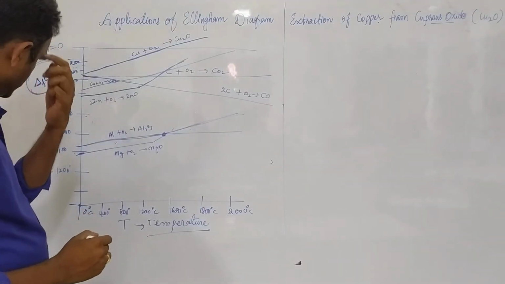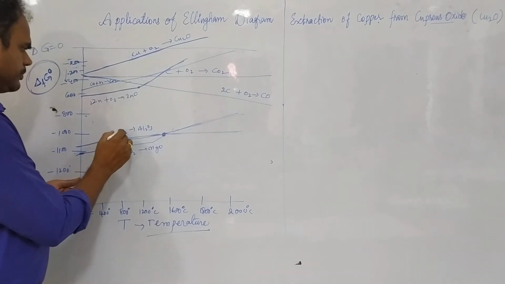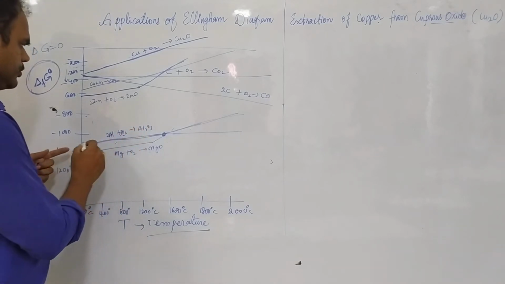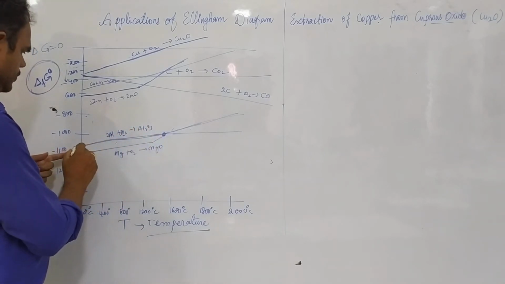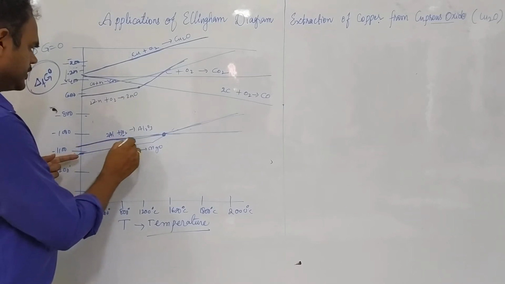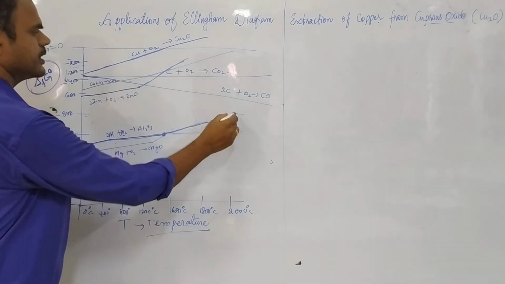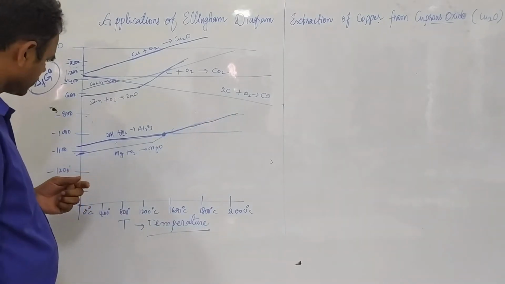And if you see aluminium oxide formation, the delta G free energy change is more negative and increases with increasing temperature.